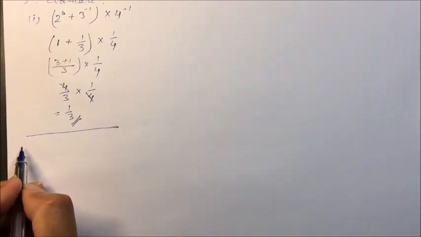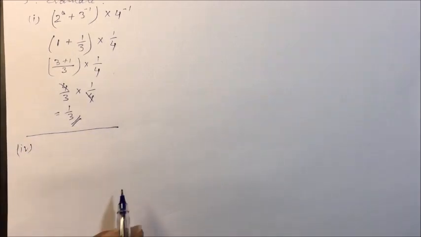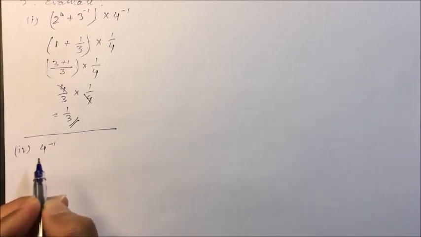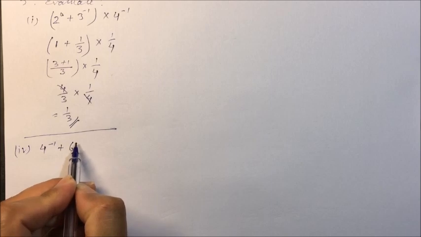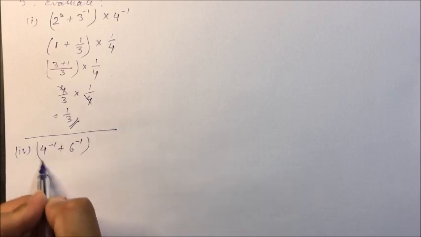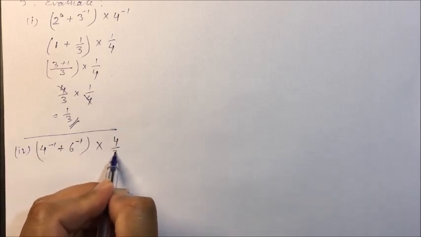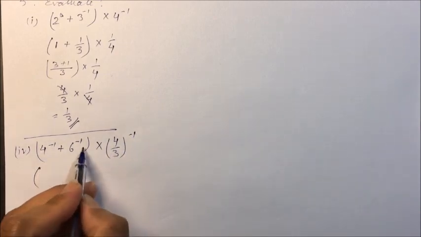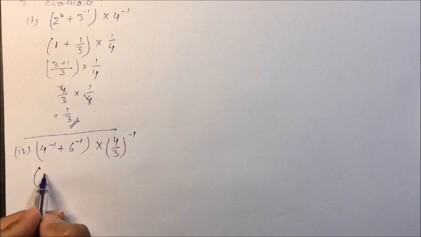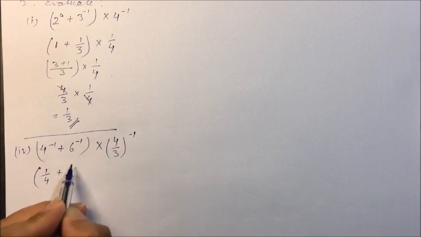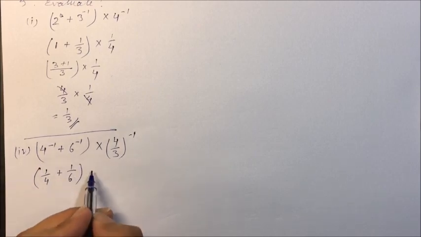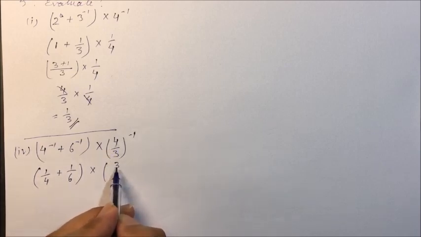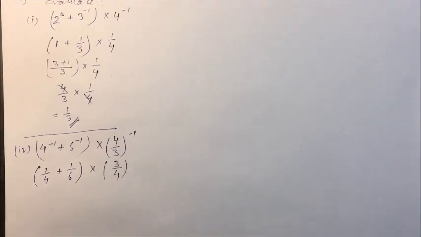Now, fourth one I am taking. (4 raised to power minus 1 plus 6 raised to power minus 1), bracket closed, into (4 upon 3) the whole raised to power minus 1. So first we will be solving the bracket. It will be 1 upon 4 plus 1 upon 6, into, we take the inverse of this one, 3 upon 4.